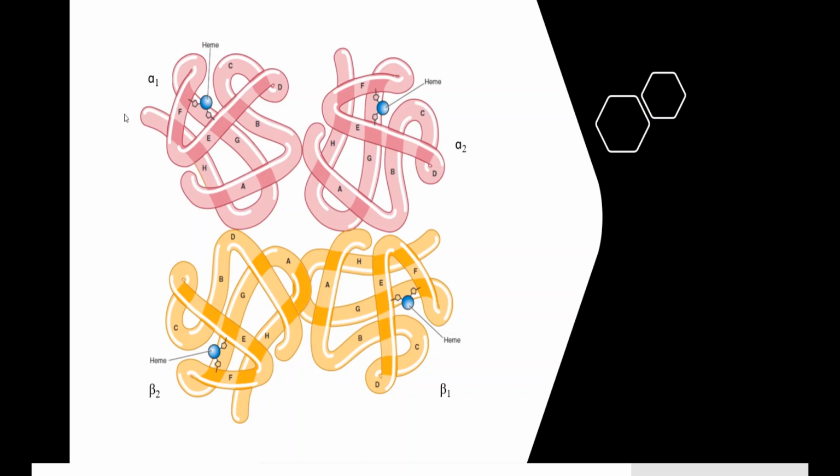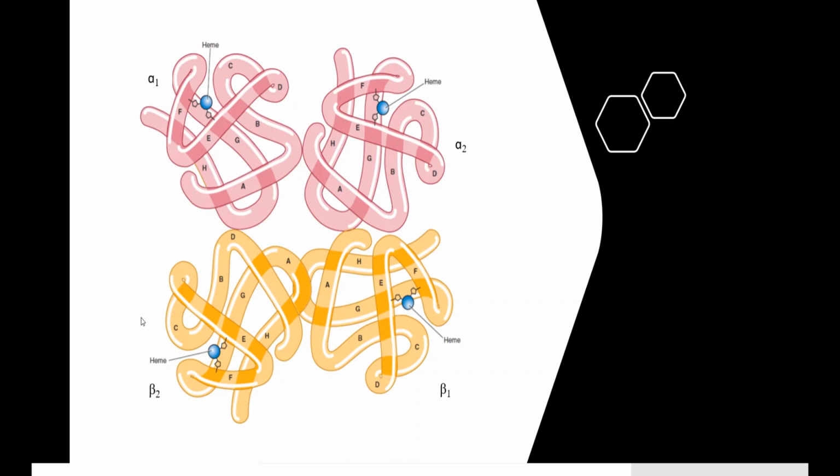Now, this hemoglobin molecule for an adult has two alpha chains and two beta chains. But generally, the template of hemoglobin is composed of two alpha chains and two non-alpha chains. And you will discuss in your next lecture on hemoglobin what those non-alpha chains are.